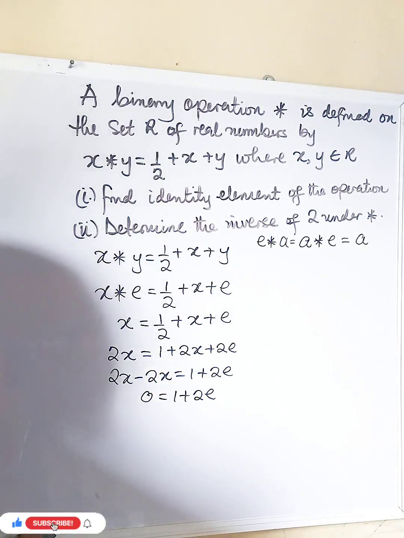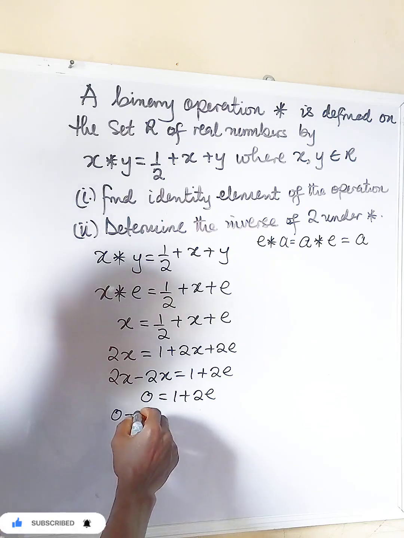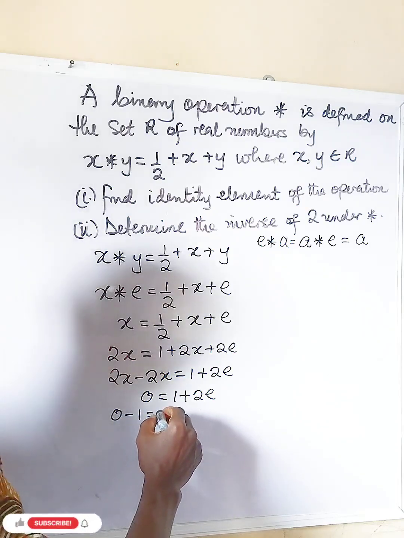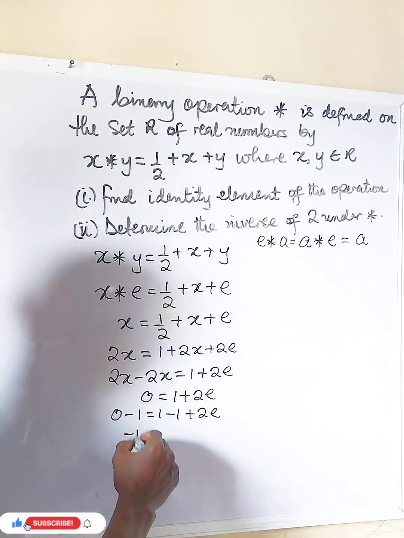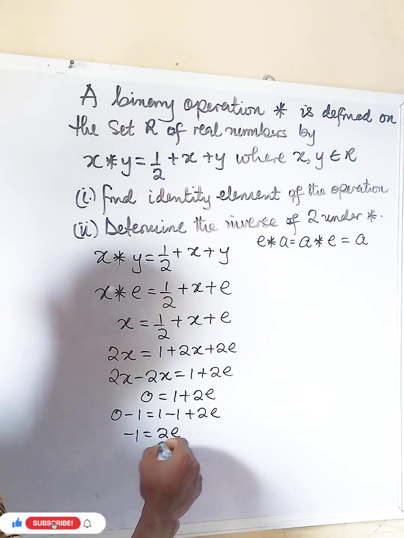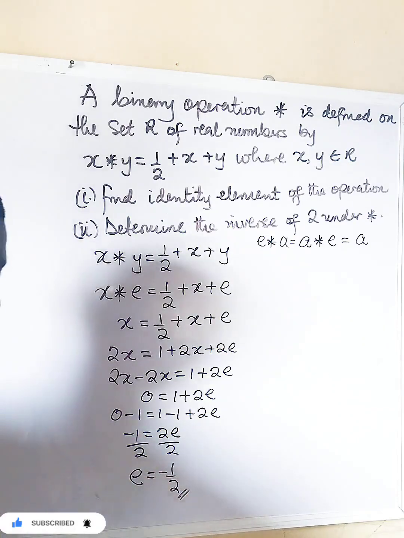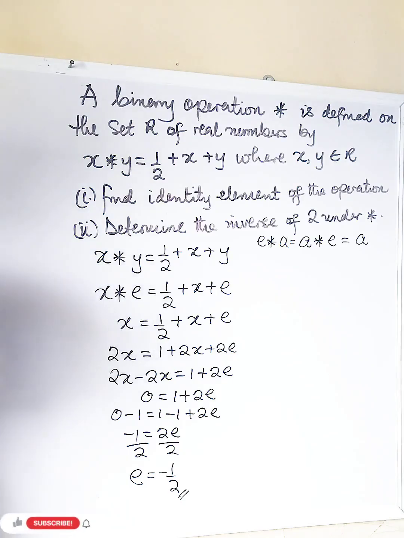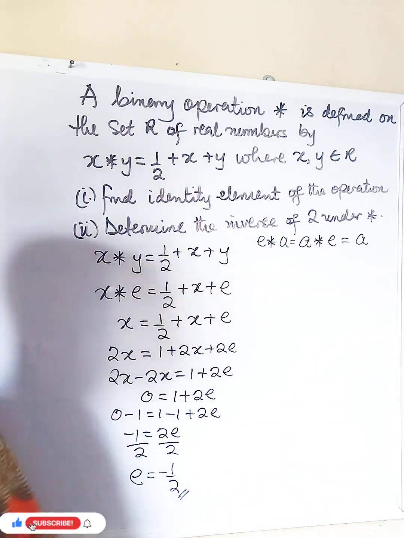By subtracting 1 from both sides, you have 0 minus 1 equals 1 minus 1 plus 2e. We end up having minus 1 equals 2e. Divide both sides by 2, then our identity element becomes minus 1 all over 2. Now the next question: determine the inverse of 2 under the same operation.